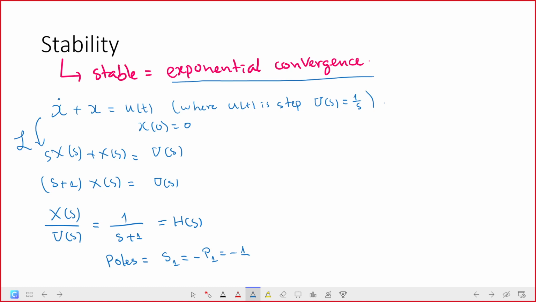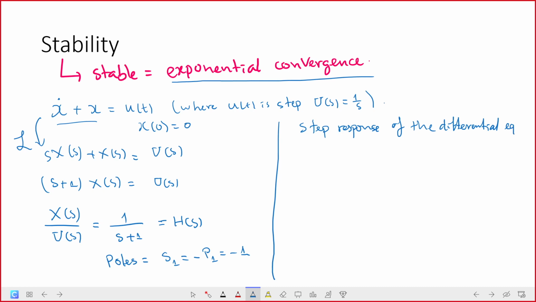Then let's see the solution of this equation. To find the solution, let's see the step response of the differential equation. Step response means u of s equals 1 over s.